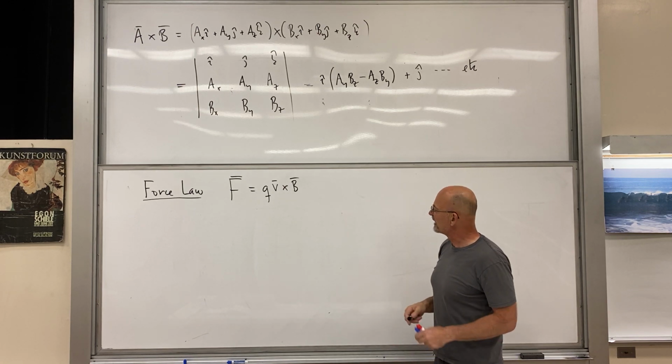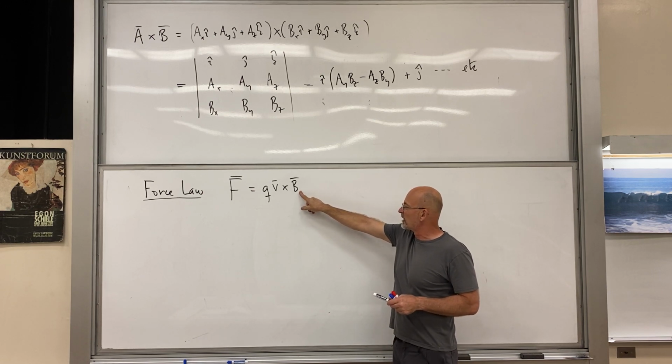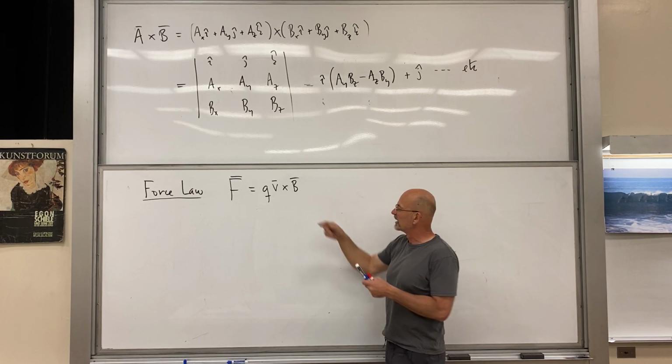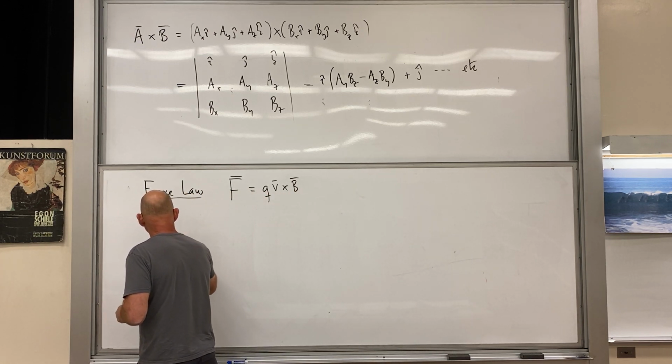Okay. So we've got that force law, but we've just introduced a new field, so we'd probably better talk about the units. Okay. So units of the B field, and then we'll continue on.